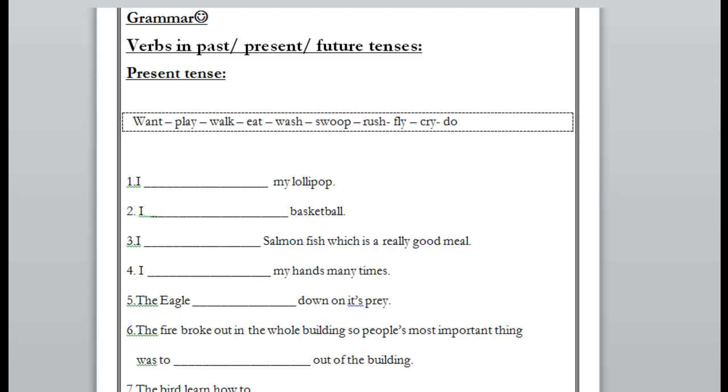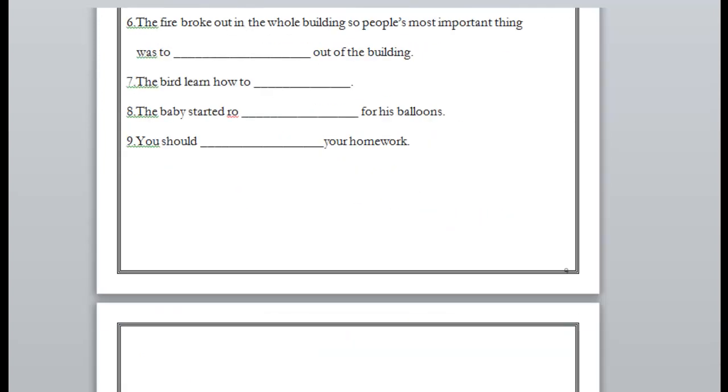I want my lollipop. Okay, second one, I what basketball? Yeah, good guys, perfect. I play basketball. Okay, good guys. These are the examples for what? Present or past or future? Yes, I heard you. Good guys. These are present tense.